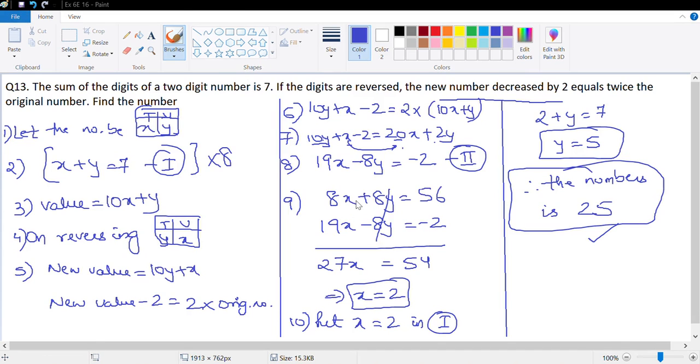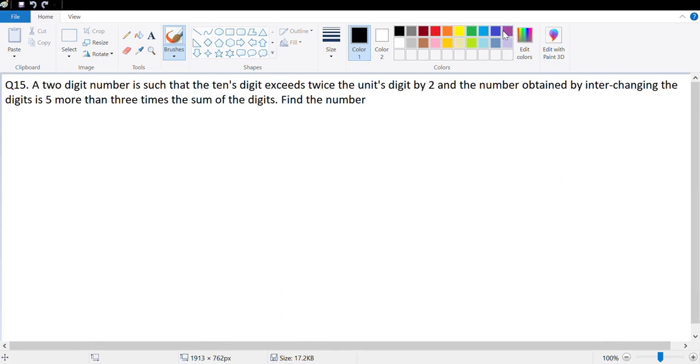That brings me to the next question. Oh, we still have 2 more. Okay, so that's question number 15. A 2-digit number is such that the tens digit exceeds twice the unit digit by 2. Okay, let the number be 10x plus y, with x the tens digit and y the units digit.